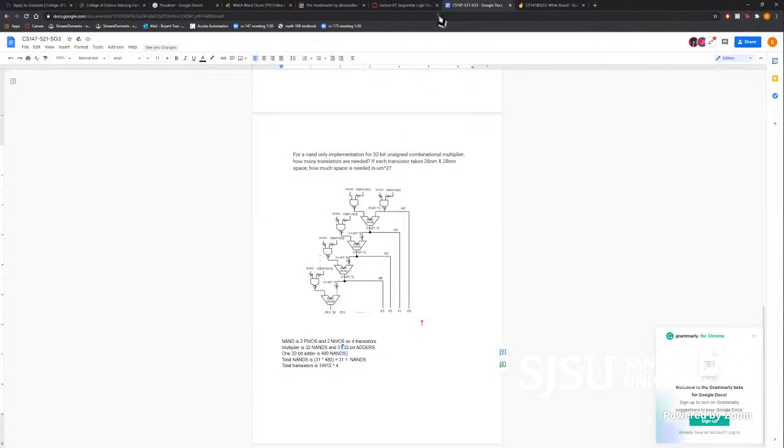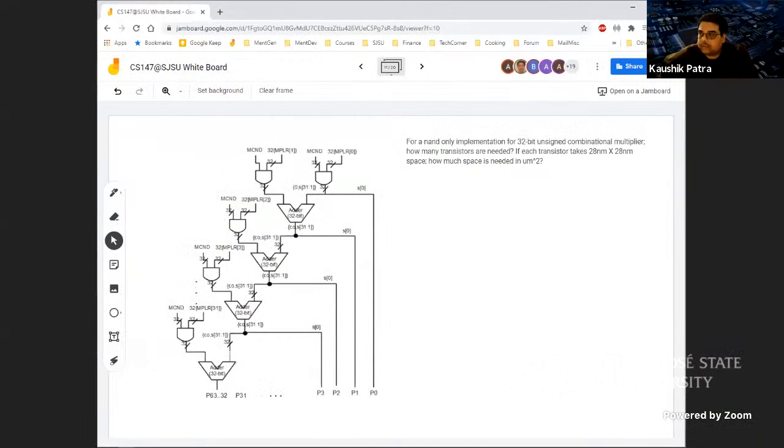All right, let me actually try to solve it on the whiteboard and see if you agree with this solution. So what we have here, as you said, is one 32-bit adder.